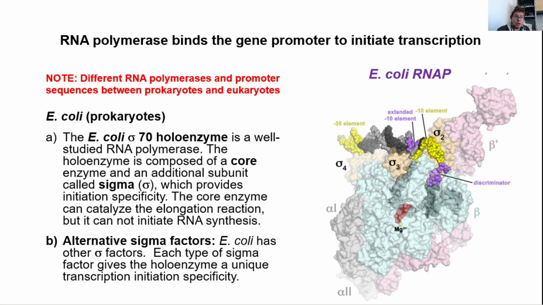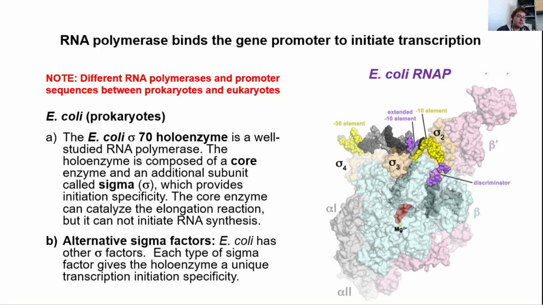And what's kind of cool about those sigma factors is that the sigma factor itself can be swapped out for other sigma factors. So if the cell needs to dramatically change what types of genes can or can't be transcribed, a really dramatic way to do that is to change your sigma factor to direct it towards other types of sequence elements, to globally affect what genes will be transcribed.